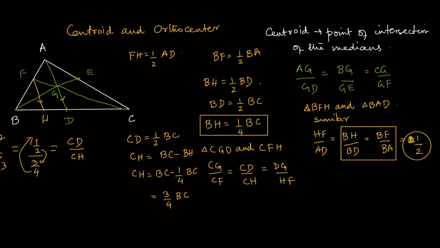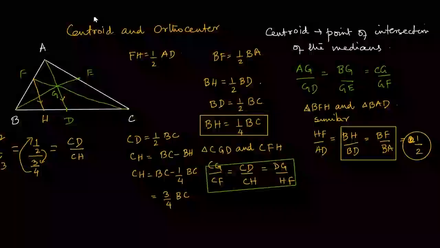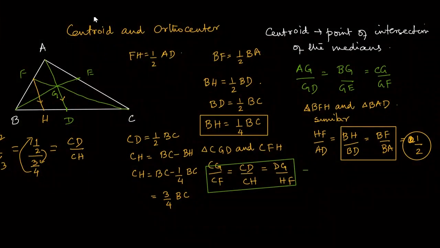So now we can put the value of CD by CH in this whole equation. This becomes 2 by 3, correct? So that means CG is 2/3 of CF, right?